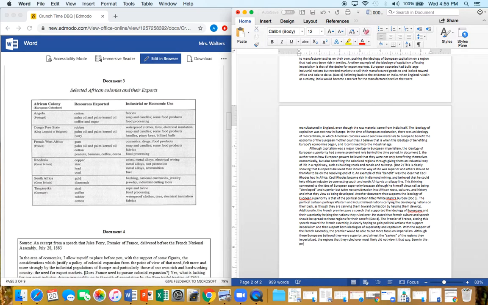Seen in the political cartoon in document 5, European imperialism and superiority was marked with cultural ignorance.